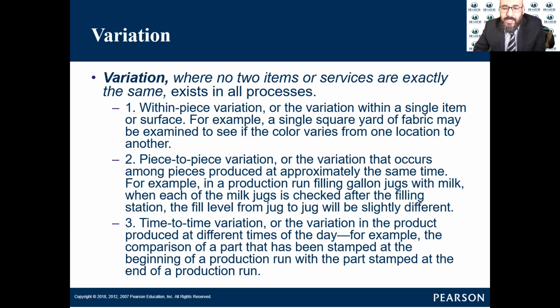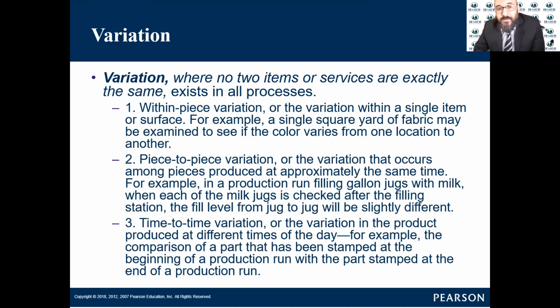Time to time variation is the variation in the product produced at different times of the day. For example, the comparison of a part that has been stamped at the beginning of the production run with a part stamped at the end of the production run.